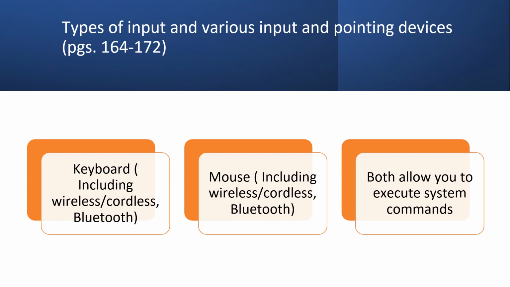Types of inputs and various inputs and pointing devices. Most of the inputs that you will find here will be on pages 164 to 172 within the pages of your textbook. The types of inputs in a computer are keyboards, which can include wireless, cordless, and Bluetooth.